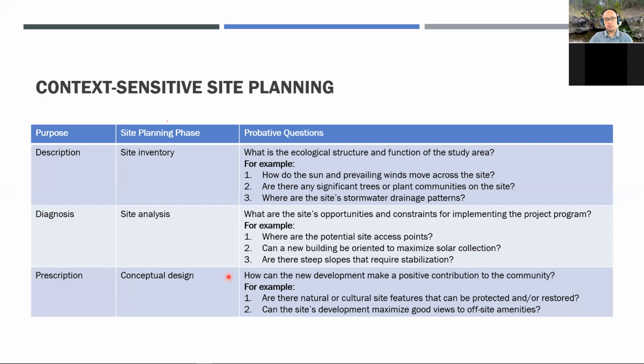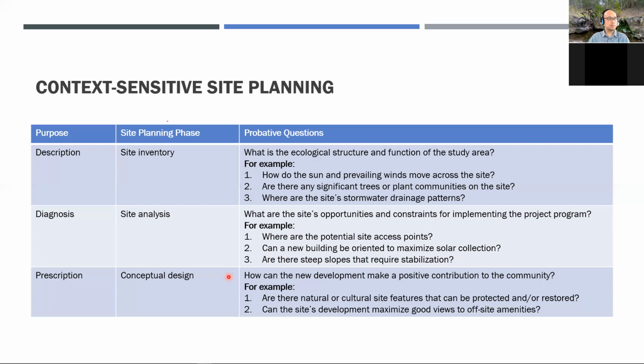The most important question to ask when you're prescribing the design is, how can the new development make a positive contribution to the community? Are there any natural or cultural site features that can be protected and or restored? And can the site's development maximize good views to off-site amenities?